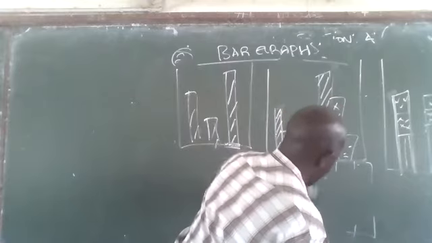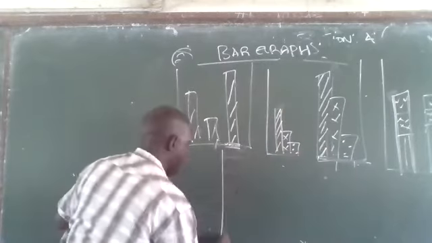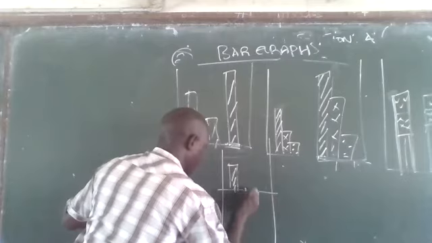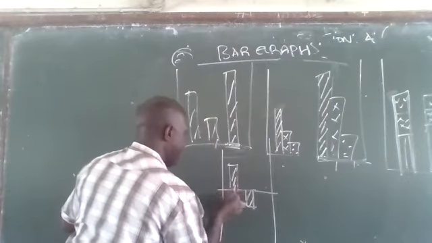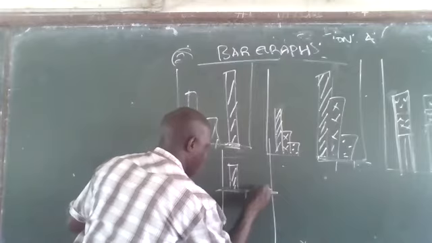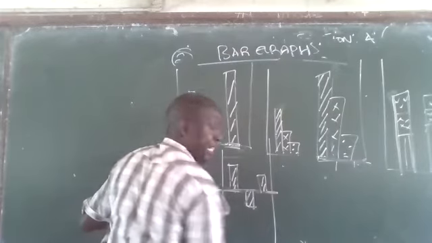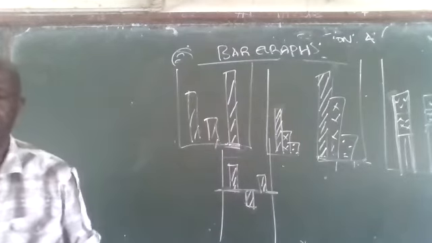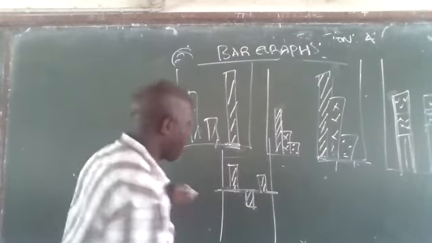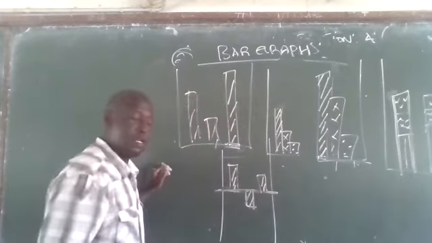Then lastly, under the bar graphs, we have the divergent. How is it supposed to be? The rules here are that we must skip 1 centimeter from one bar to the other, regardless of whether it is on the side of the positives or on the side of the negatives. And also shading of the bars should be the same.